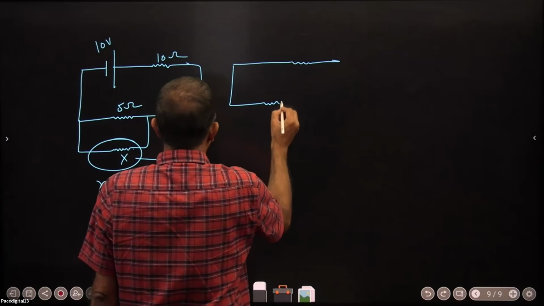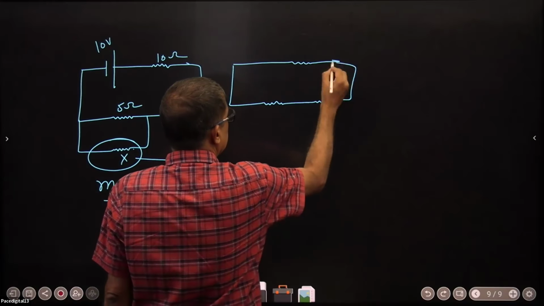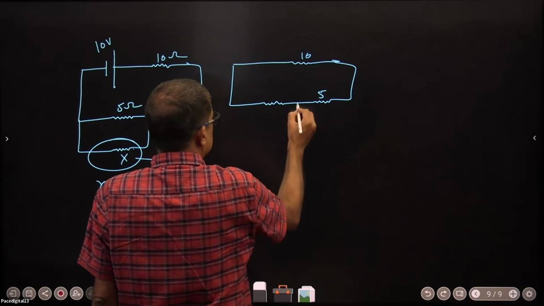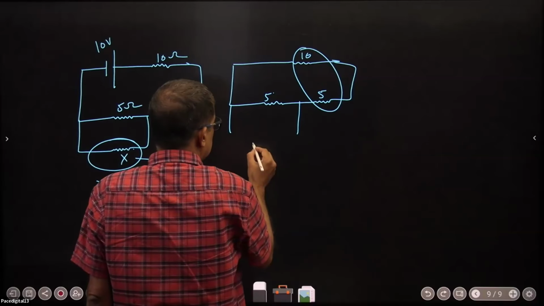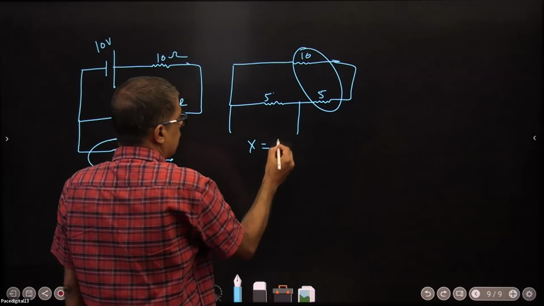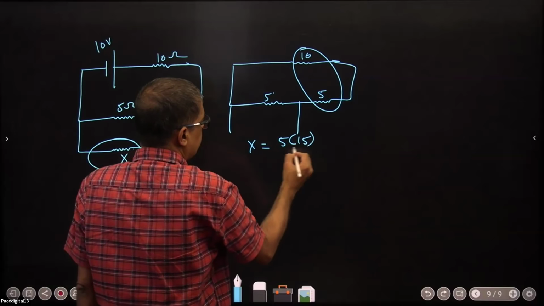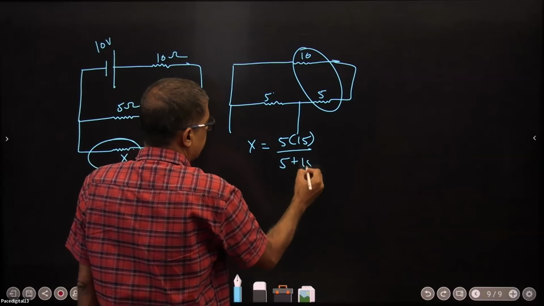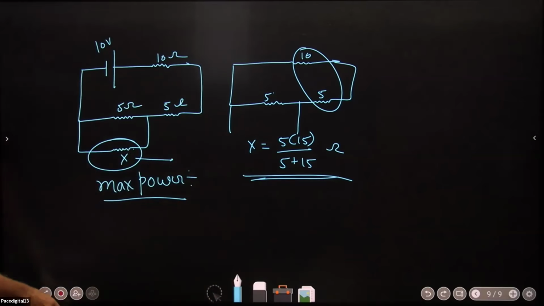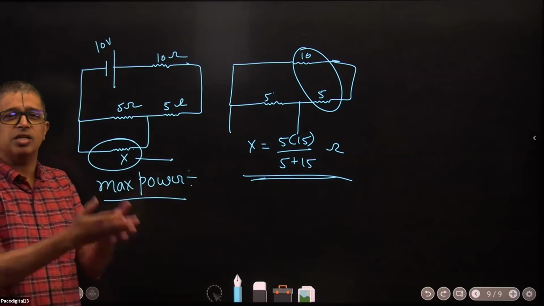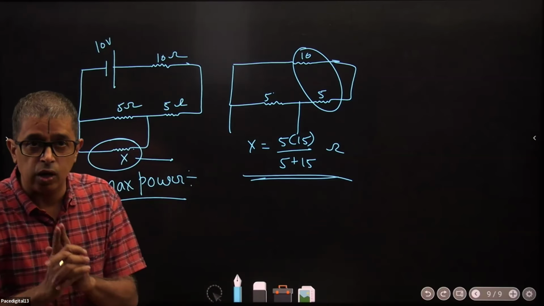This is 10, this is 5, and this is 5. These both are in series. X value will be 5 into 15 divided by 5 plus 15 ohms. This should be the resistance for maximum power through it. Once I know the resistance, finding out current through that will not be difficult.